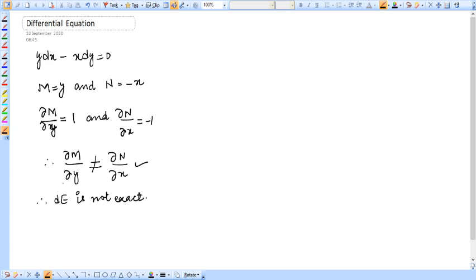See, if I multiply this equation on both sides by 1 upon x square, see what happens.